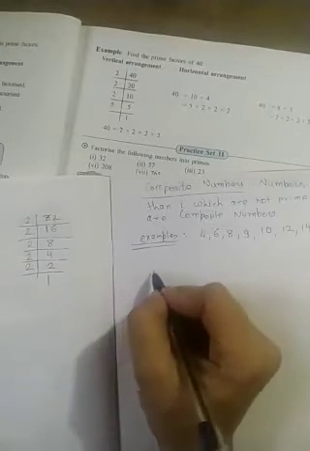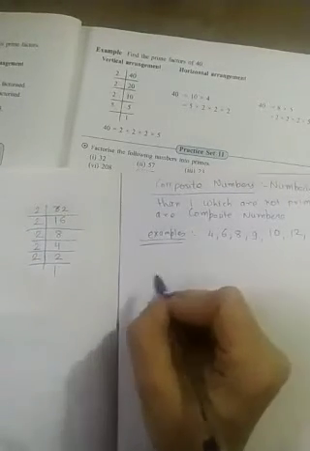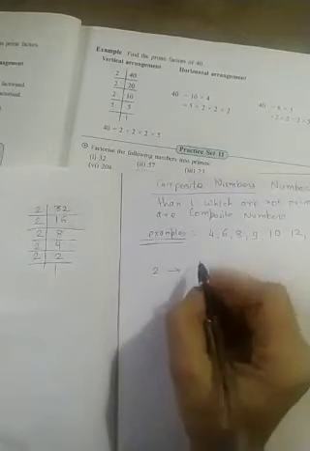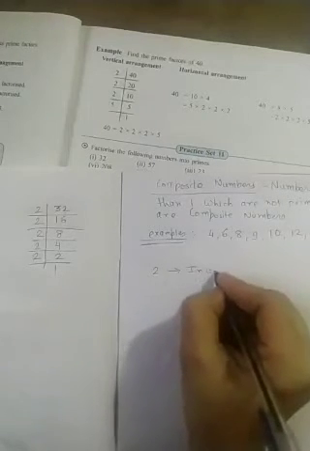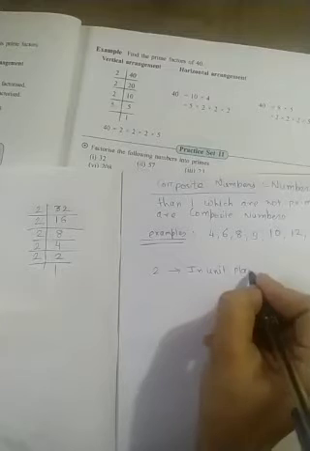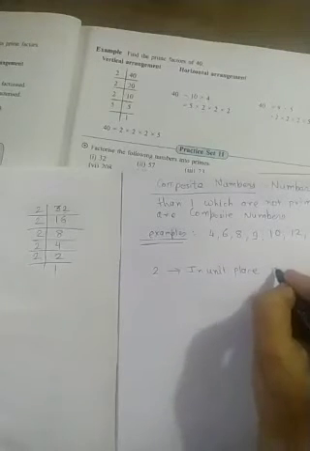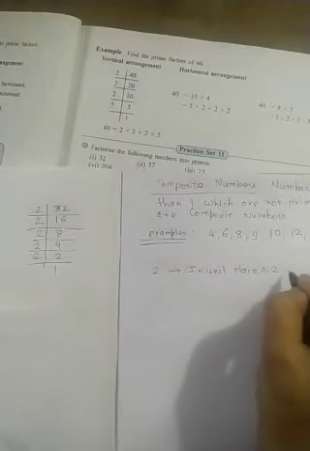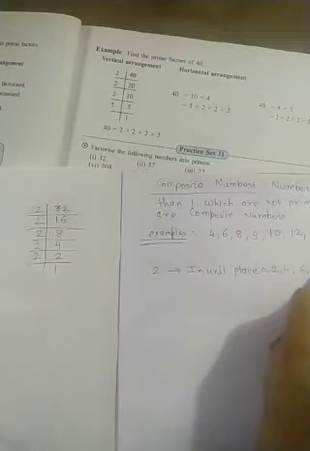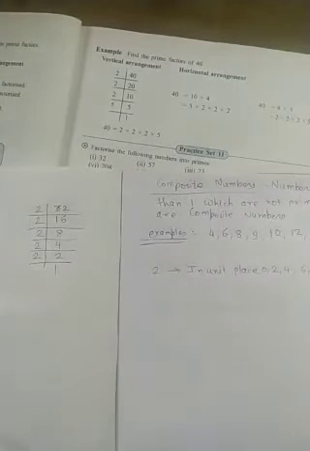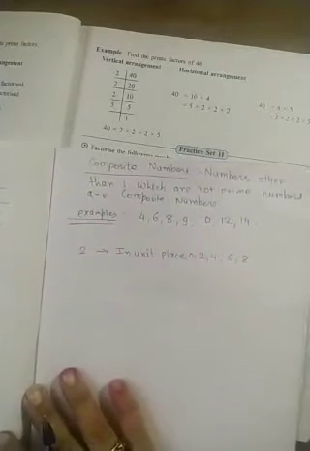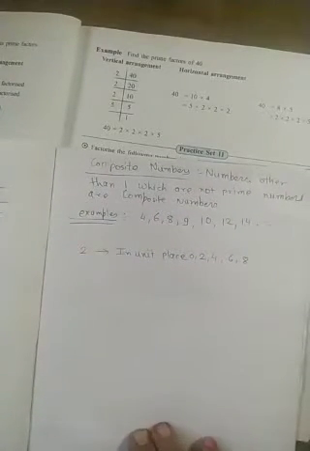If you are finding for 2 in the unit place, if there is 0, 2, 4, 6, 8 in the unit place, then that number is divisible by 2.